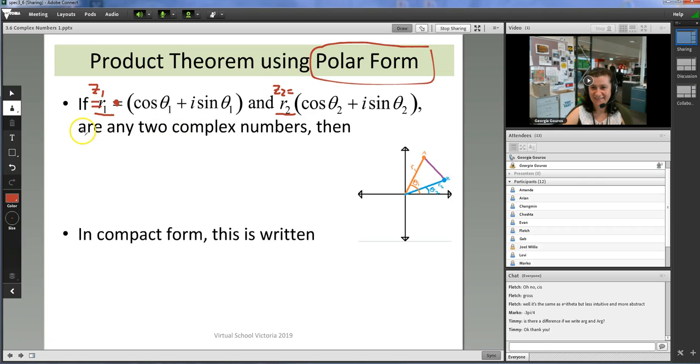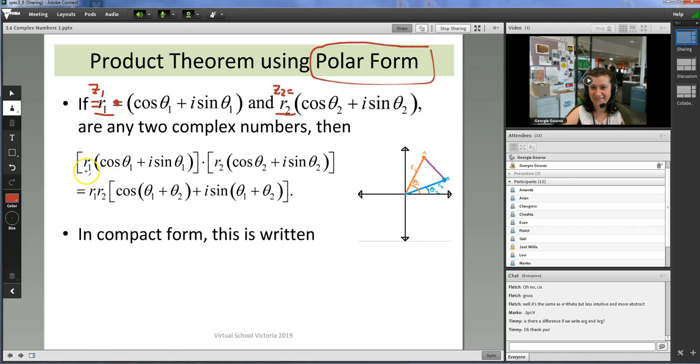So if we've got two complex numbers expressed in polar form, when we multiply them, it becomes really easy. We just multiply the moduli by the moduli, and we just add the angles, the arguments.